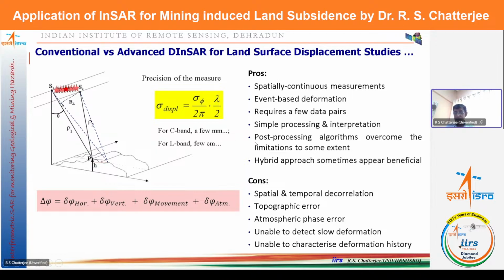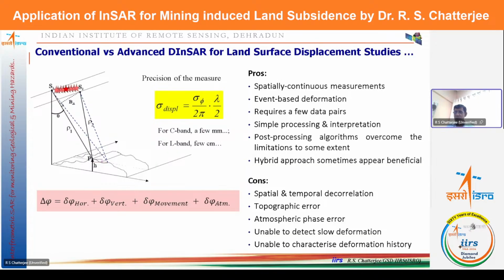Here another thing is there are a number of post-processing algorithms available, like summing and averaging of the interferogram stacking, then correlation rate estimation of the differential phase of overlapping interferograms, and then masking this differential phase using the correlation rate. Using these post-processing algorithms, you can overcome many of the limitations, but not to a very great extent, only to some extent.